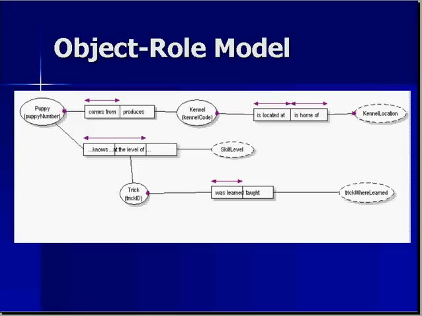The object role model that represents our Daisy Hill puppy farm looks like this. Puppies identified by puppy number come from a kennel identified by a kennel code that's located at a kennel location. The kennel location is the home of the kennel, and the kennel produces puppies.